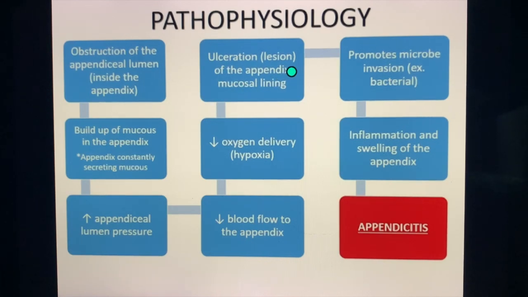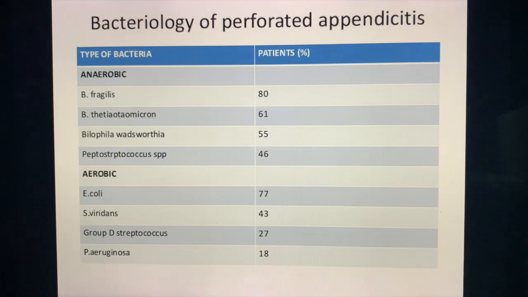Once you have the ulceration, you will now have microbial invasion, which is usually poly- or multimicrobial, with two bacteria I want you to memorize. We have E. coli, then we have Bacteroides fragilis. After the microbial invasion, there's going to be inflammation and swelling of the appendix, and voila, you have your appendicitis.